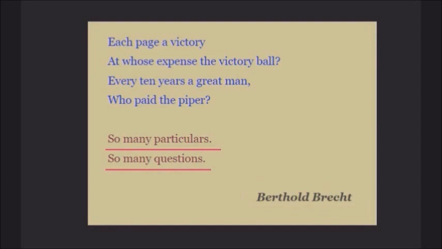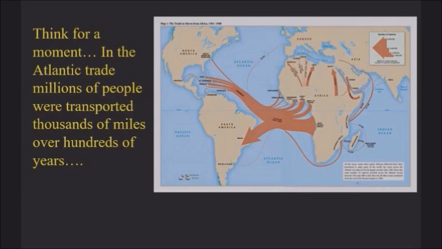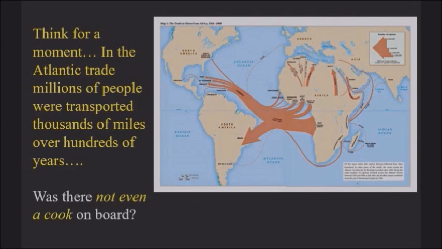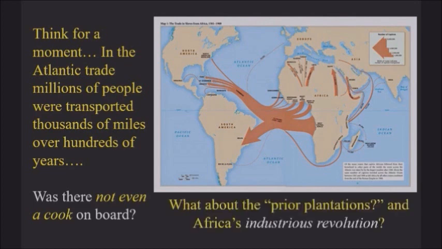That's the way Bertolt Brecht put it in his poem, A Worker Reads History. Think for a moment about the Atlantic trade. Millions of people were transported thousands of miles over hundreds of years. Was there not even a cook on board? What about the prior plantation and Africa's industrious revolution?